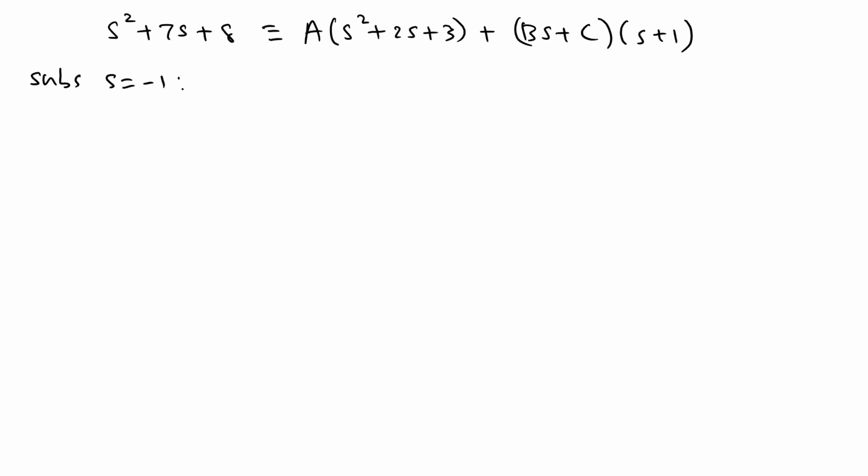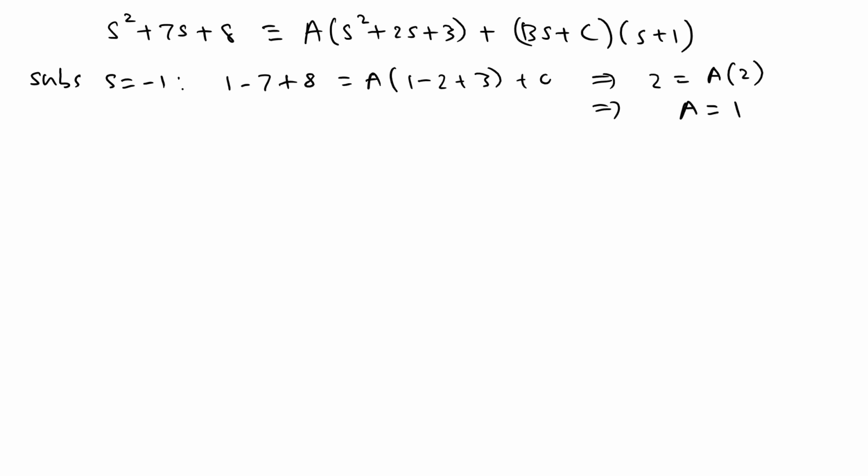Once you do that, you're going to get 1 minus 7 plus 8 equal A times 1 minus 2 plus 3, plus 0, and this is going to give you the value of A. So you're going to get 2 on this side equal A times 2. In other words, A equals 1. And you can see that you can't substitute anything else.